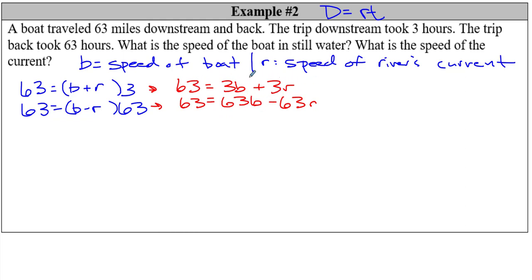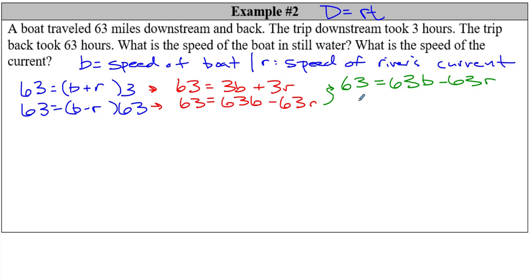Okay, so looking at both of these, what would be the easier way to solve? Up top, we can divide everything by 3, but an easier one would be to manipulate the bottom equation, right? These all have the same value. We got 63 as these coefficients, and then we have this 63 here. So if we want, we can divide everything by 63, and we can get these variables by themselves. So we got 63 equals 63b minus 63r.